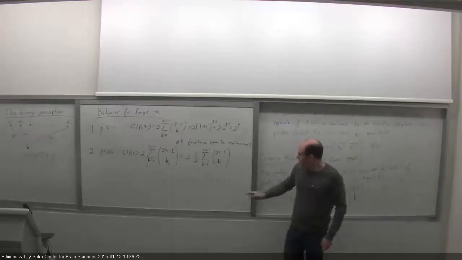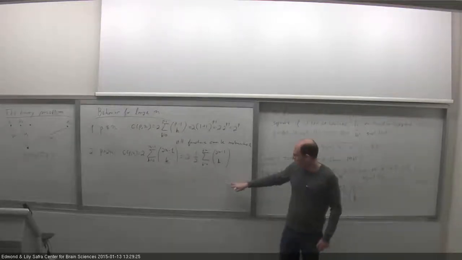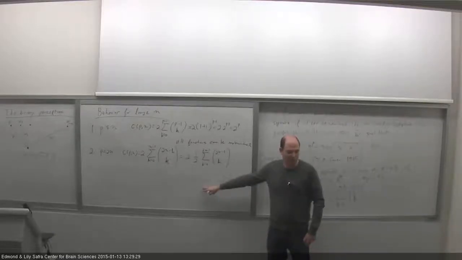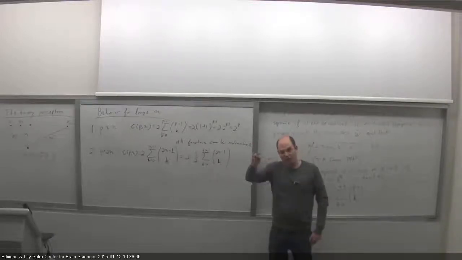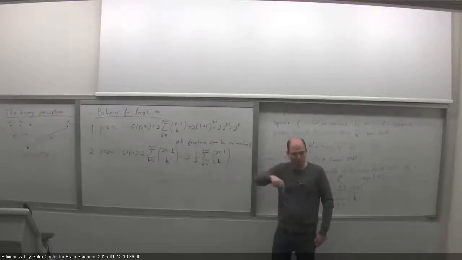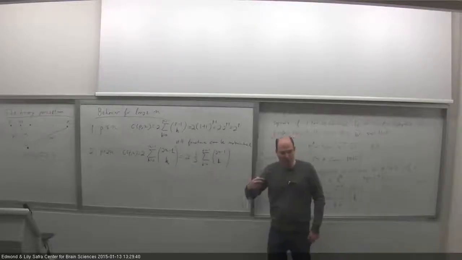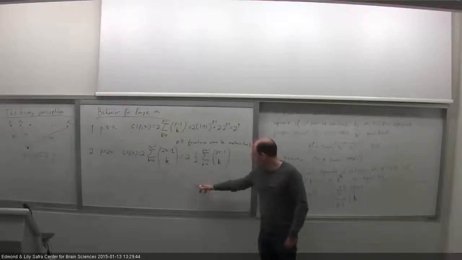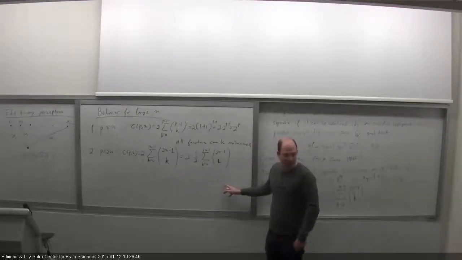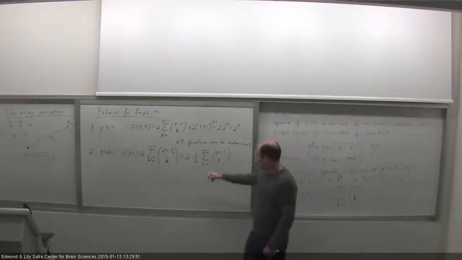But I claim that each one of these terms in this set has a matching term in this set which is exactly the same, because remember, when we write m over n', in the denominator we have n' and m minus n'. So for example, this term will be the same as the last term, and the next one will be the same as the next to last.